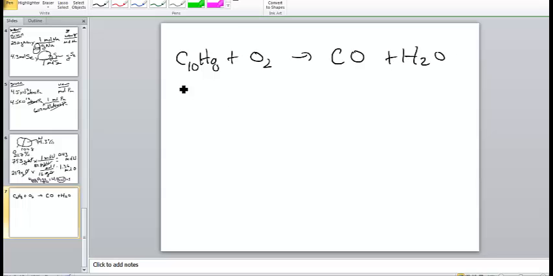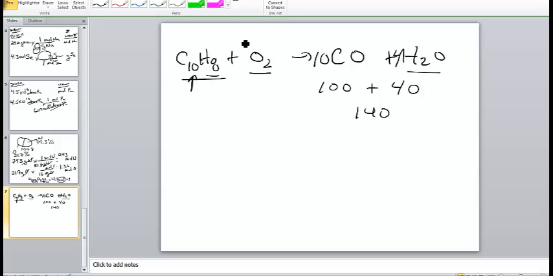And then we just follow our rules to balance. So we start with carbon because it isn't hydrogen or oxygen. So we have to have a 10 here. We then balance hydrogen next because it's in fewer compounds. We have an 8 here, so we have to have an 8 over here. And the way we're going to do that is by putting a 4 there. And then we add these up. We've got 10 oxygens there plus 4 oxygens there, a total of 14 oxygens.